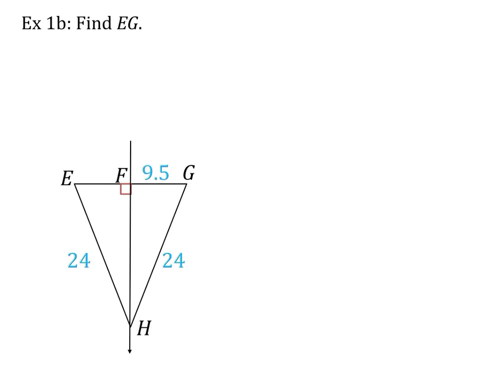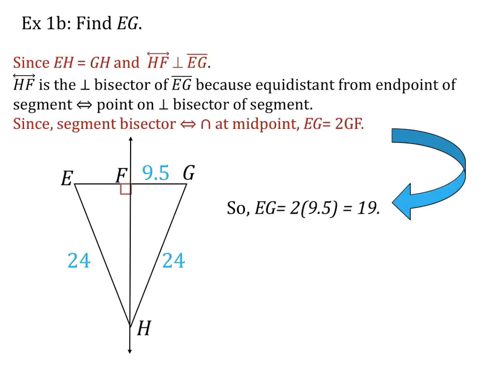All right, so let's use our theorem to figure out the length of EG. Since EH is equal to GH, which is 24, and line HF is perpendicular to EG, we also know that line HF is the perpendicular bisector of EG, because equidistant from endpoints of a segment implies point on perpendicular bisector of the segment.